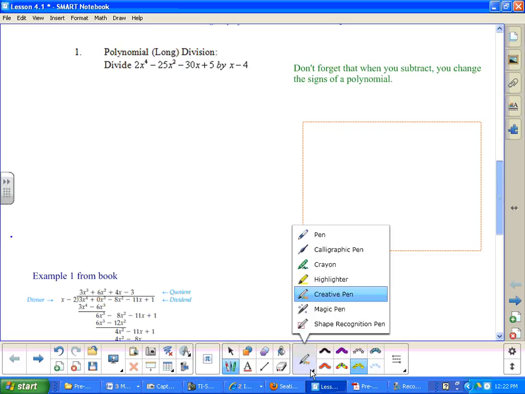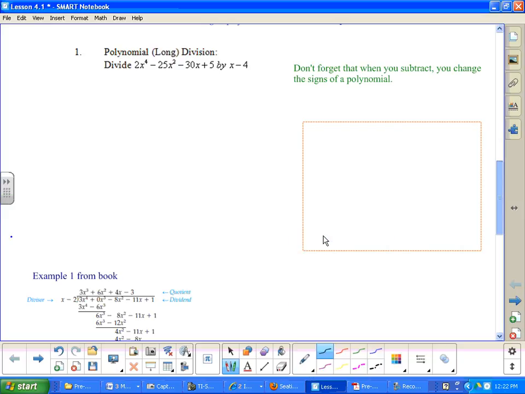So when we do long division, just like when you did long division back when you were in about 4th grade, we put what we're dividing by, the divisor, on the outside of the division sign, and the dividend on the inside. Now, one thing you have to remember is it must be in standard form, first of all.